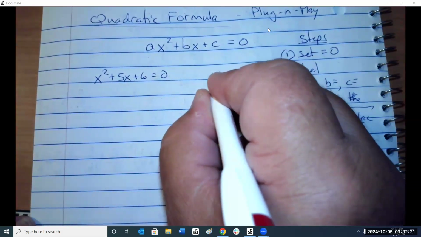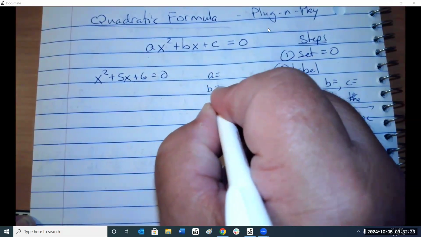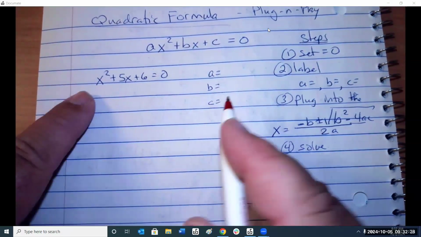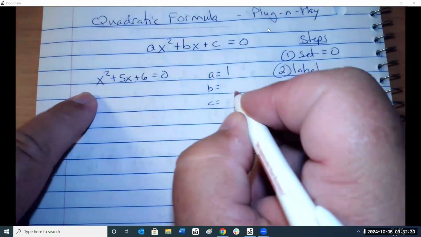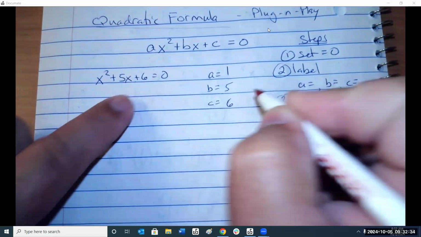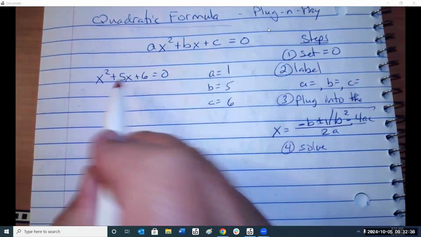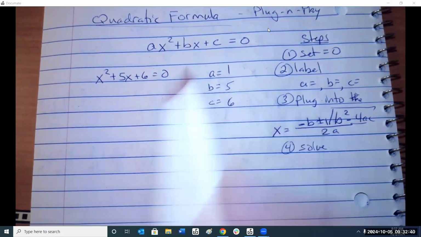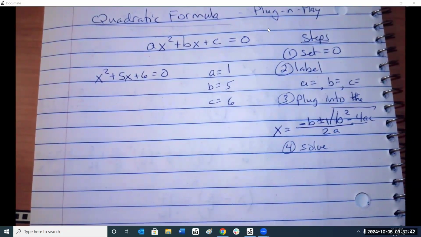First off, label A, label B, and label C. Since it equals 0 already, A is the coefficient of x squared, B is the coefficient of x, and C is the constant. If it's a negative, make it a -5. If it's a negative, make it a -1. So the signs are important here.